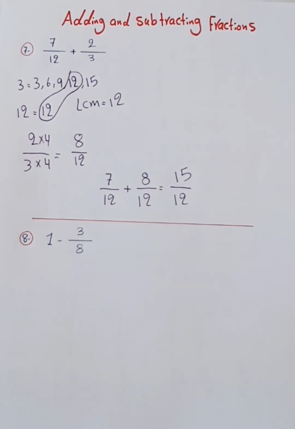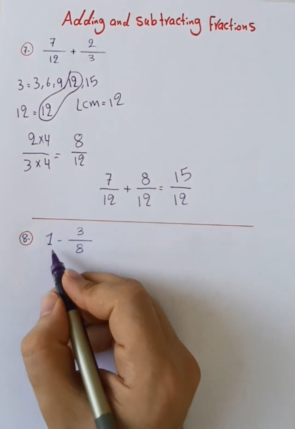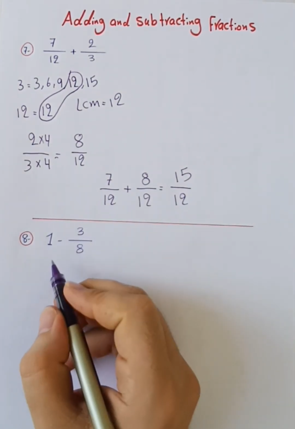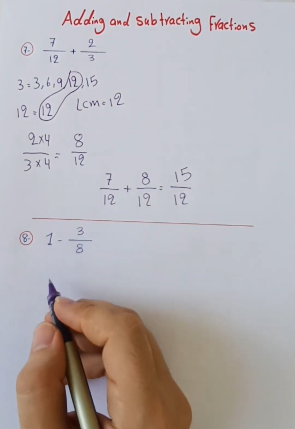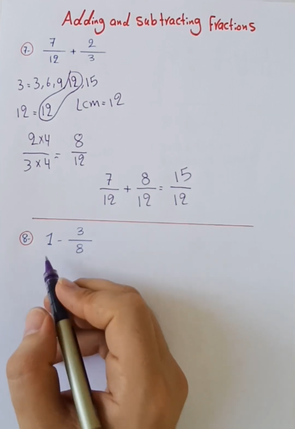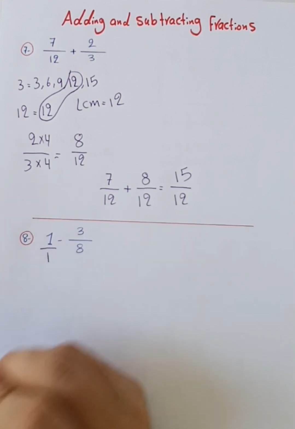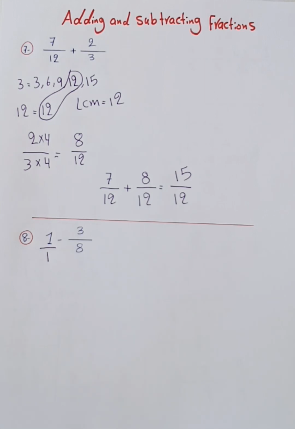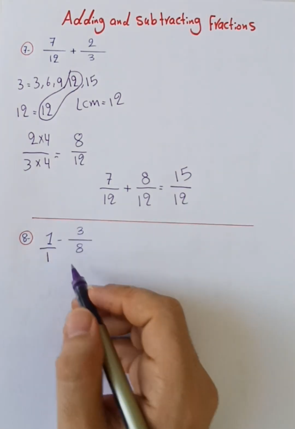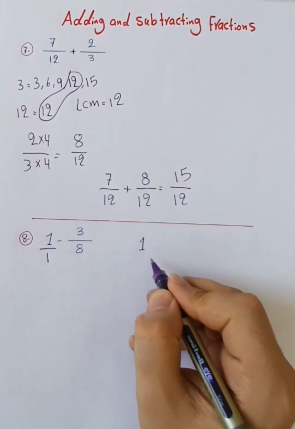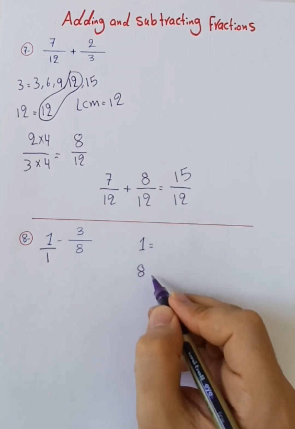Last example, example number 8. We have 1 minus 3 out of 8. A whole number and a fraction. First of all, we have to change this whole number to a fraction by writing 1 as a denominator like that. And then we have to find the least common multiple for 1 and 8.